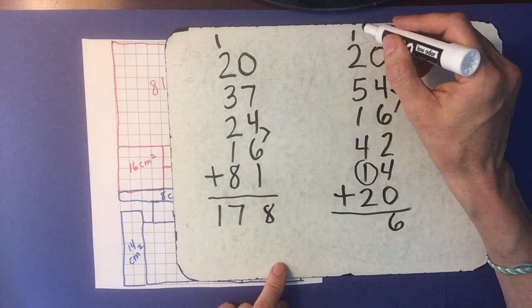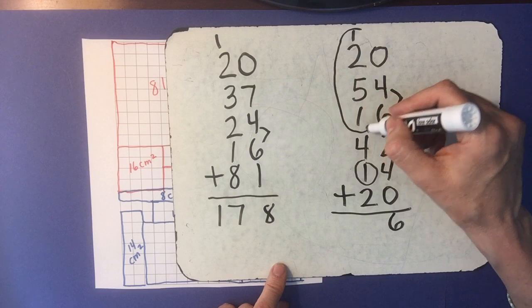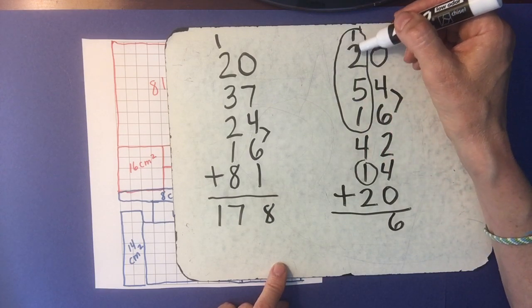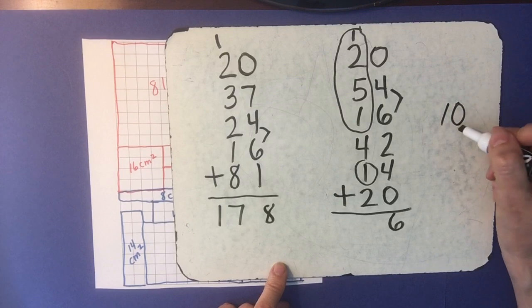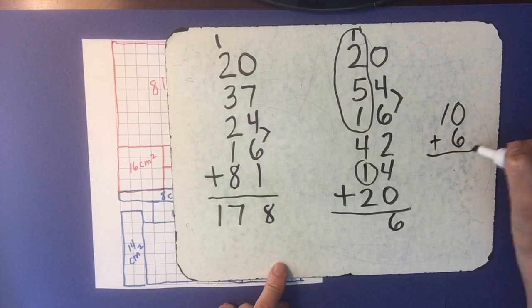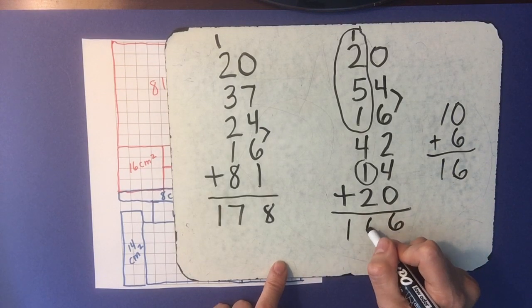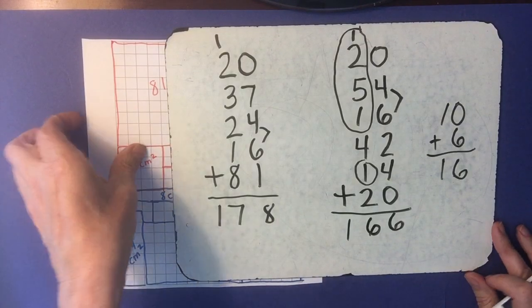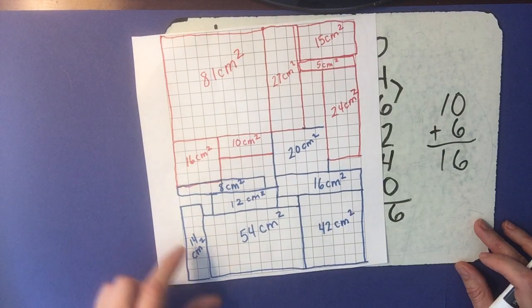So this was all one big 10. 5 plus 2, 7, 8, 9, and 10. Okay, and then I have 4 plus 2. So now I have 10 plus 6. In mental math, I can just say that's 16. So my answer is 166. So, my friends, it looks like you have won the last day of school math game.